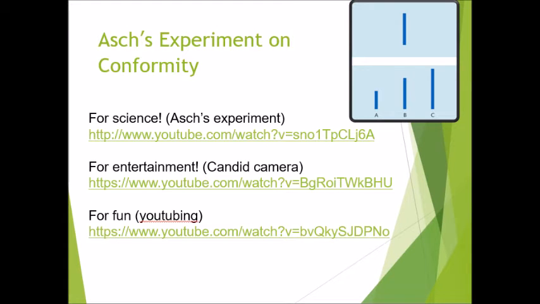Now, we can see some examples of this with Asch's experiment on conformity. This is a classic study, and this video that you're going to see is perfect, it's classic. It is such a simple design.